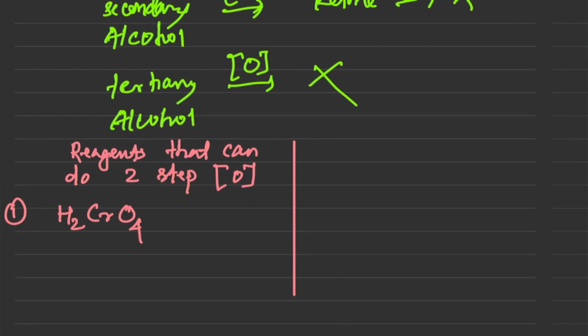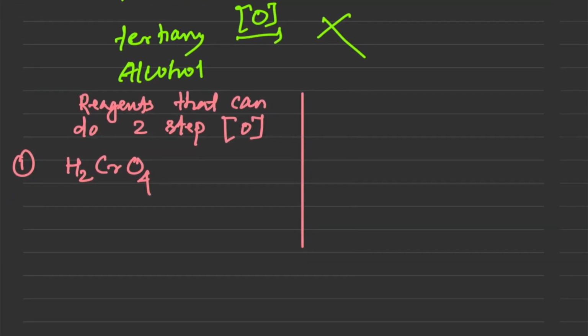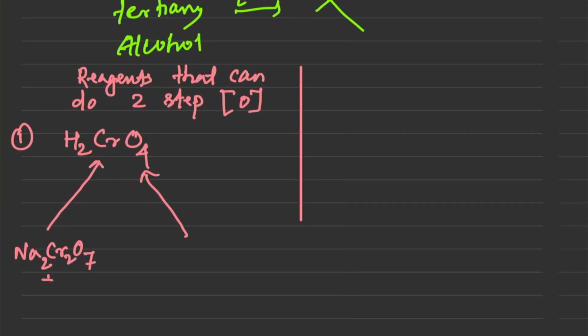Now you cannot make chromic acid on your own. You can see questions like this. Chromic acid can be made in a couple of different ways. You can make chromic acid by dissolving sodium dichromate in sulfuric acid and water. So if you see this in your questions, assume that this is chromic acid.